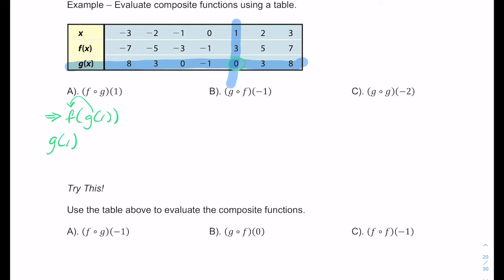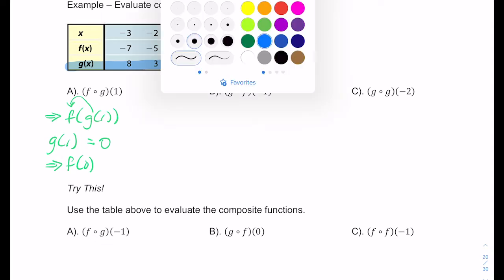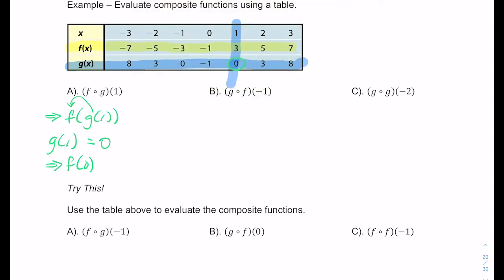So my answer there is 0. And then now I need to replace g of 1 with 0 and find f of 0. So now I'm going to go to my f of x row and find where x is 0, and the answer is negative 1.